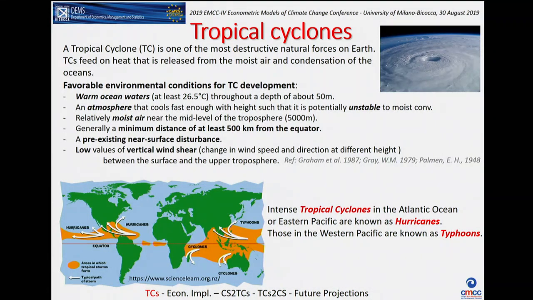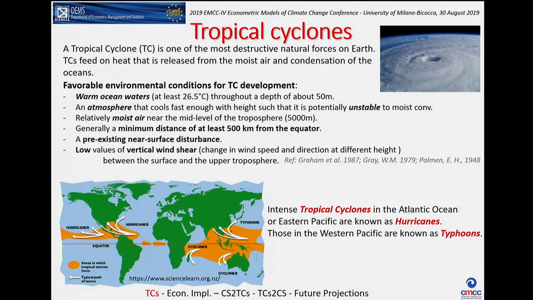I assume that you have already heard about tropical cyclones. These are typical natural destructive events, convectively organized structures, typically happening along the tropics, because there are some conditions that must be respected.